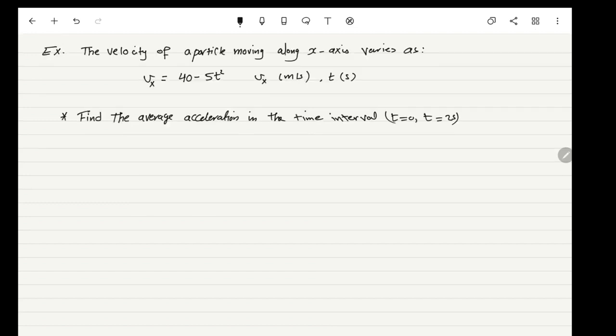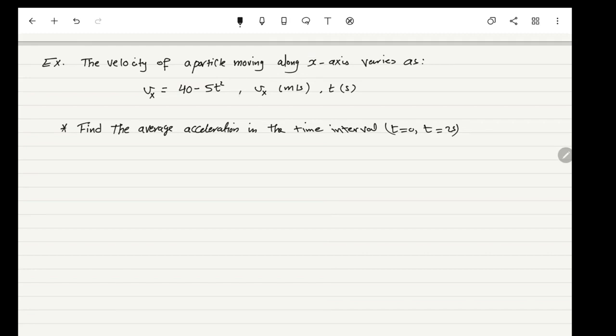Example, the velocity of a particle moving along the x-axis varies as follows. Vx equal to 40 minus 5t squared, in such a way that Vx is measured in meter per second, t in seconds. Find the average acceleration in the time interval t equals 0 and t equal to 2 seconds. Now, the average acceleration equal to delta v by delta t, which equal to v final minus v initial.